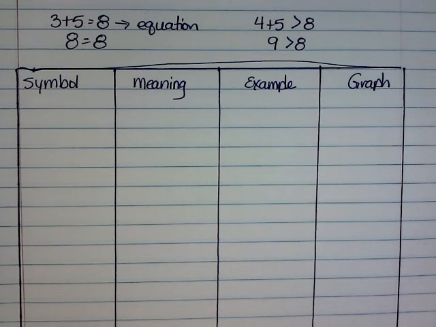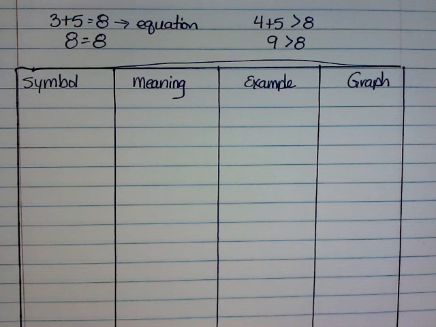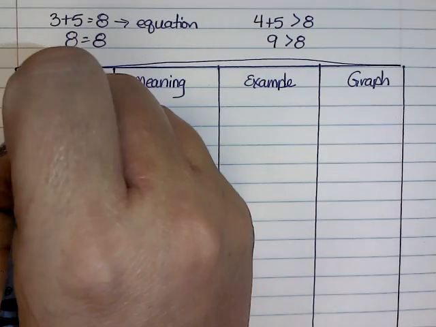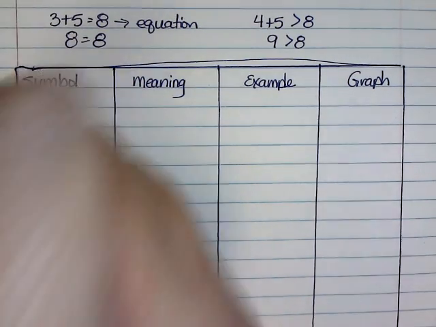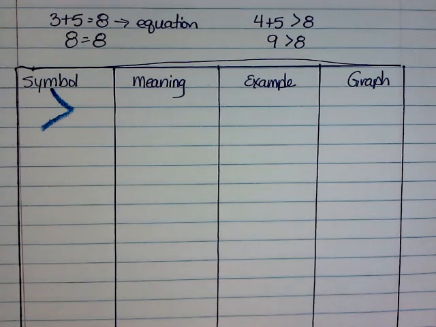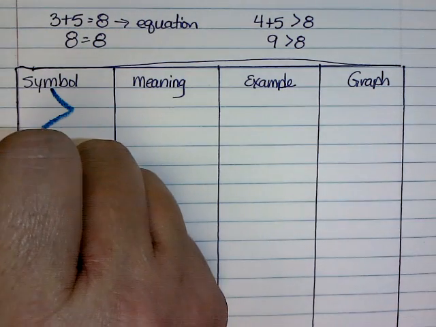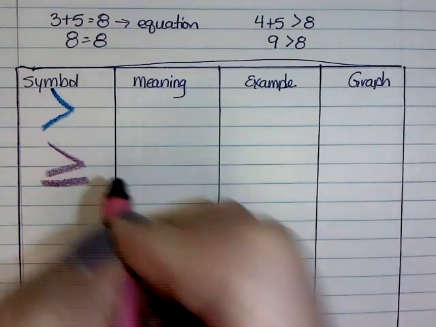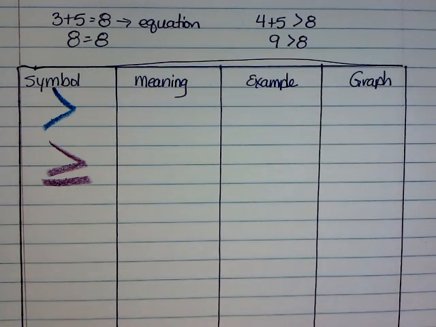Alright, I'm going to get started. I'm going to use a blue crayon and draw a symbol that looks like this. I'm going to use 2 lines. Then I'm going to use a red crayon and draw a symbol under that, so it looks like this.